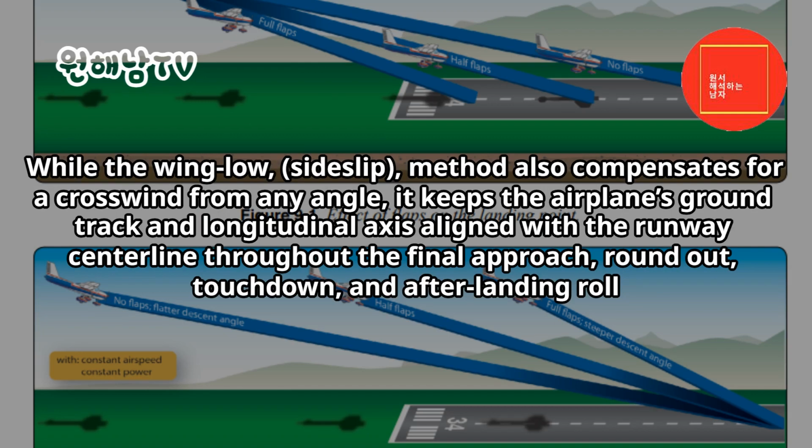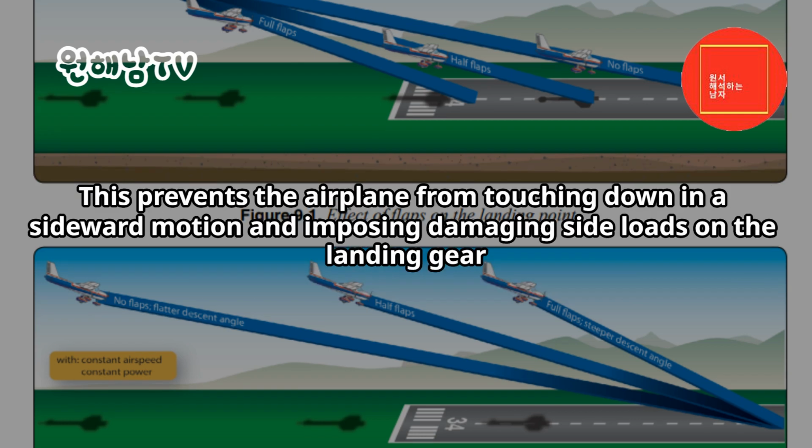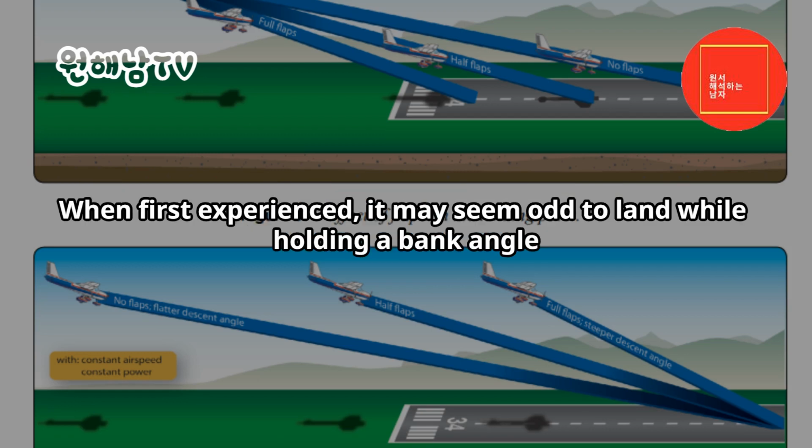While the wing-low, sideslip, method also compensates for a crosswind from any angle, it keeps the airplane's ground track and longitudinal axis aligned with the runway centerline throughout the final approach, round out, touchdown, and after-landing roll. This prevents the airplane from touching down in a sideward motion and imposing damaging side loads on the landing gear. When first experienced, it may seem odd to land while holding a bank angle.